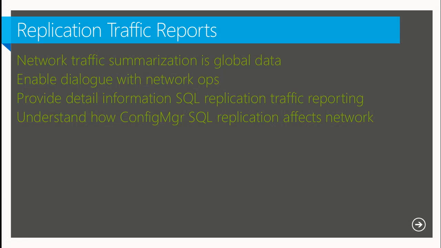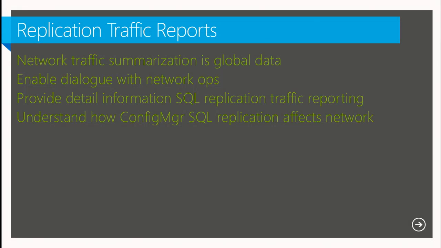Now, certainly we come with a set of traffic reporting, but you're able to create traffic reports of your own. What we've given you the ability to do is set how often and how granular you want to summarize that data. Do you want to summarize the data over an hour, over a day, or even every 15 minutes, which is the minimum that we allow you to configure?